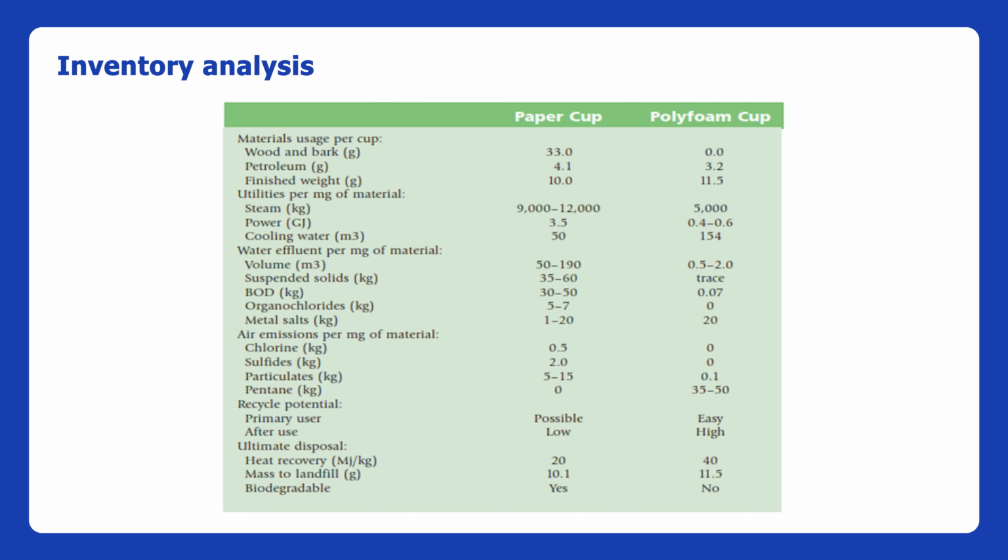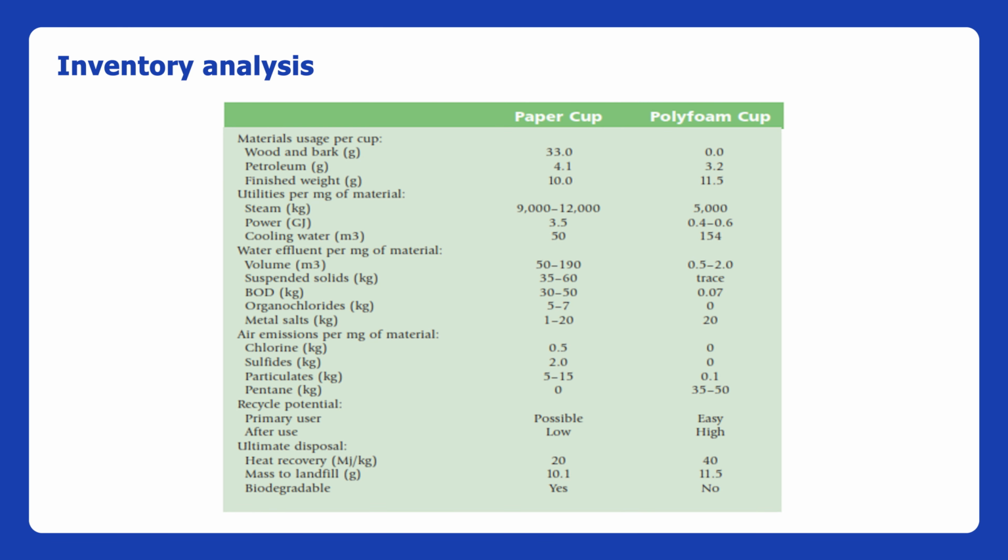And the finished weight in total is calculated in grams. You can see that for the paper cup, the finished total weight of the product is 10 grams, and the polyfoam is heavier compared to the paper cup, which is 11.5.